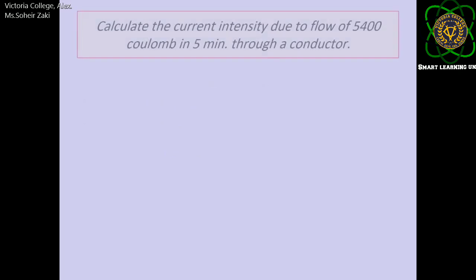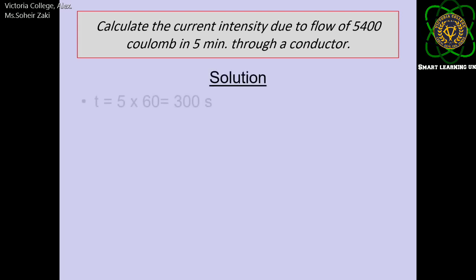Another example, calculate the current intensity due to the flow of 5,400 coulombs in 5 minutes through a conductor. So we need to calculate the intensity, and we have the Q, which is equal to 5,400, and the time is 5 minutes. Don't forget to convert the time from minutes to seconds before solving the problem. At the first, the time equals 5 times 60 to convert the time from minutes to seconds.